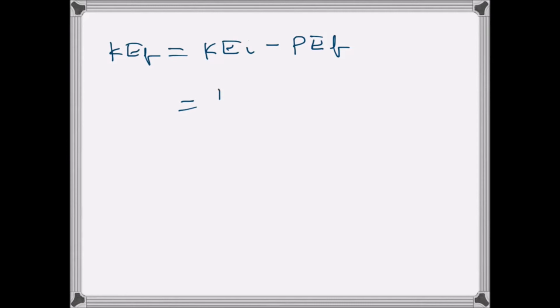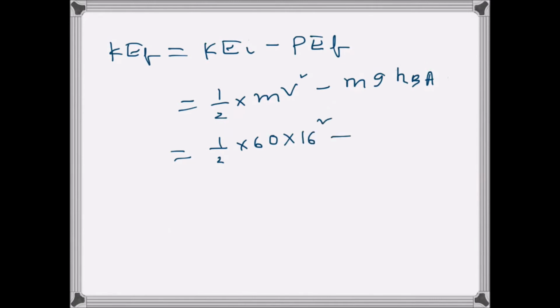KE initial is half times mass times velocity squared, and PE final will be m times g times height, which is height BA, the height between A and B. The mass is given as 60 and the initial velocity is given. We don't need the angle, the velocity is enough. The velocity is 16 meters per second, squared, and then m is 60 times 9.8 times 3.9.